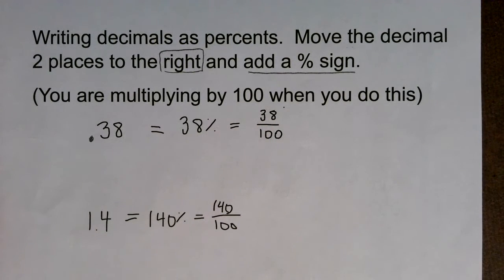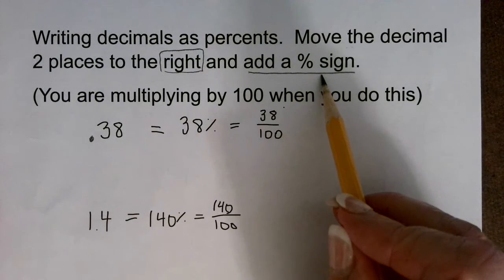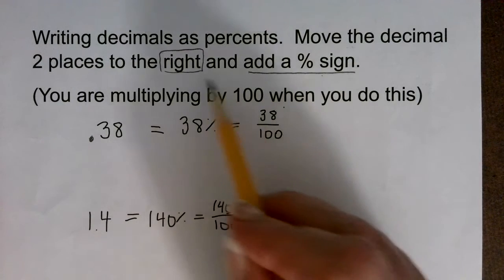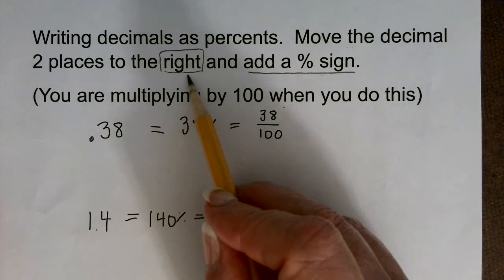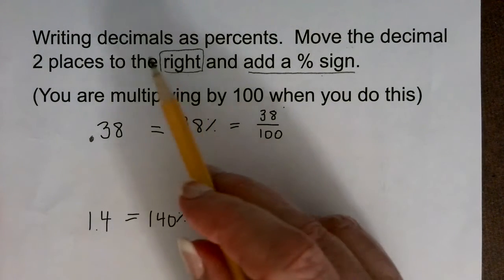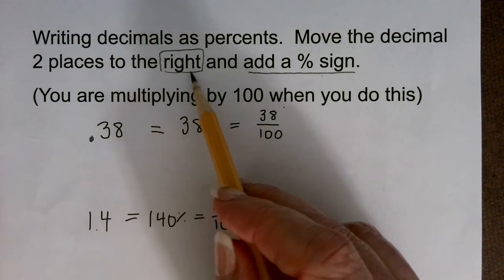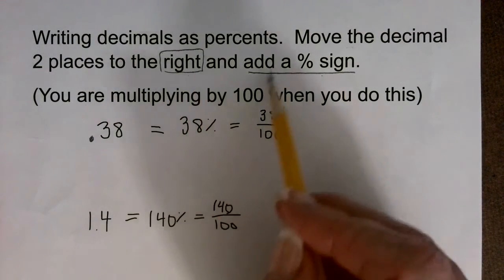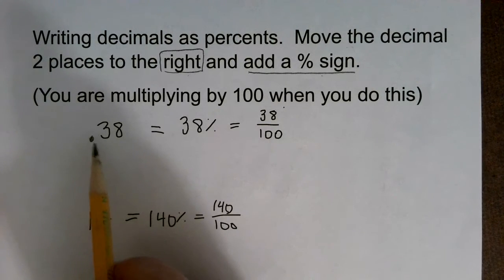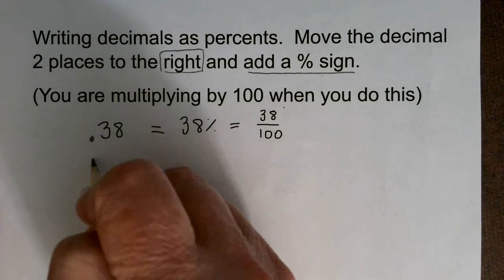When we were going the other way, we took away the percent sign and we moved to the left. When we're writing a decimal as a percent, we're moving the decimal 2 places to the right and we're adding a percent sign.